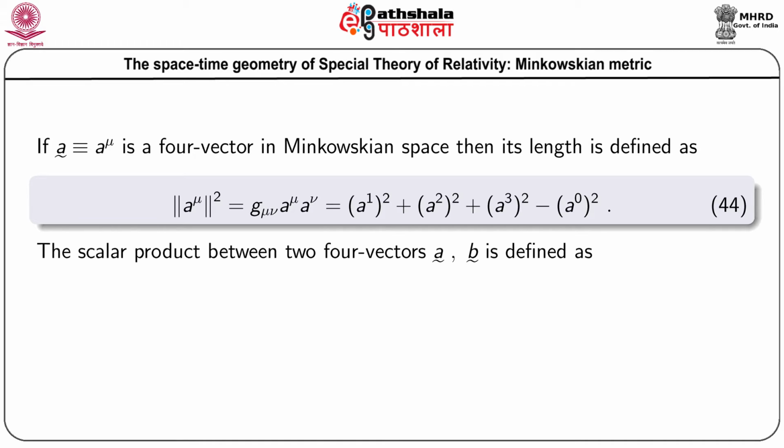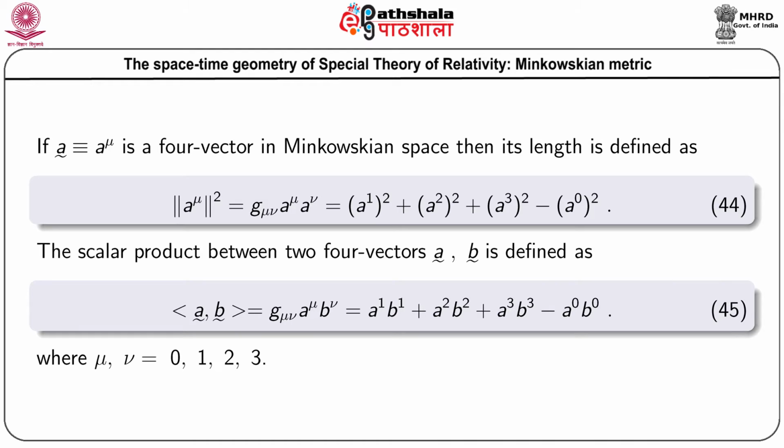And the scalar product between two 4-vectors a and b is defined in this way: g_μν a^μ b^ν, and this will be a1 b1 plus a2 b2 plus a3 b3 minus a0 b0, where μ, ν are running from 0 to 3.